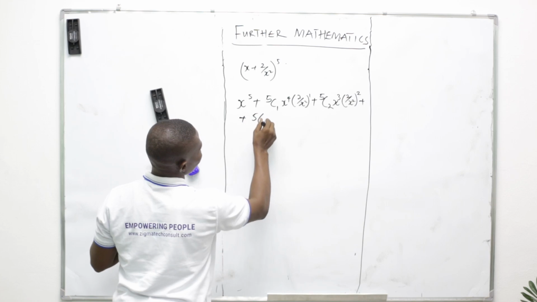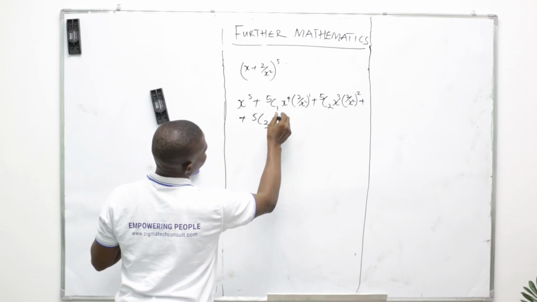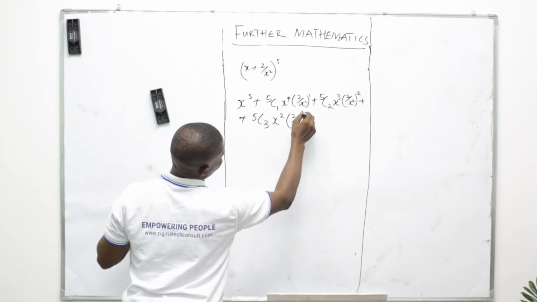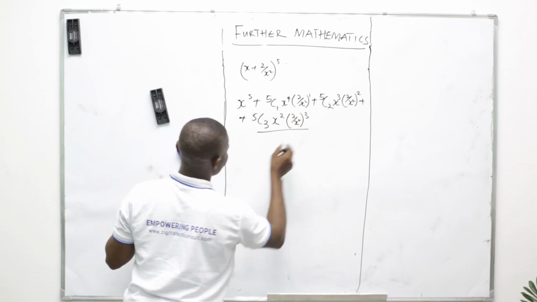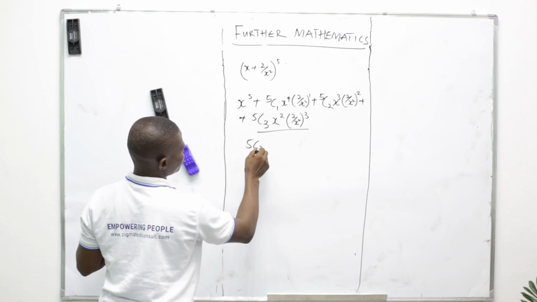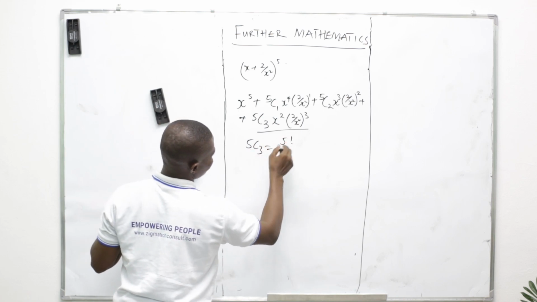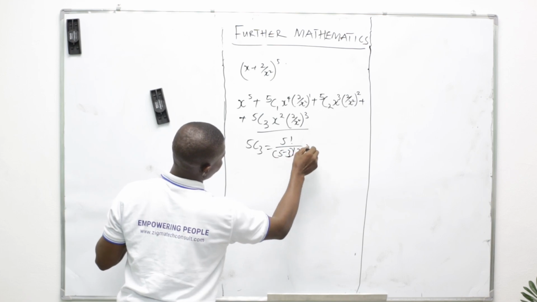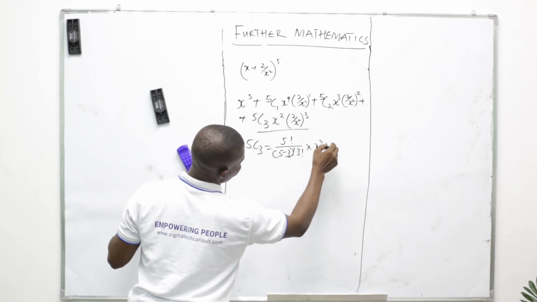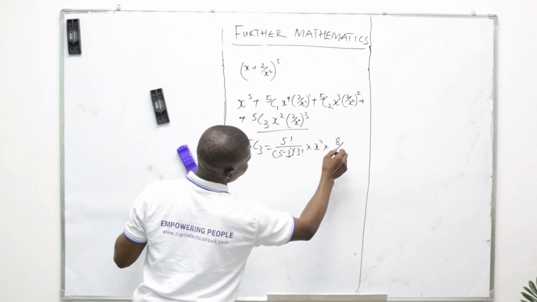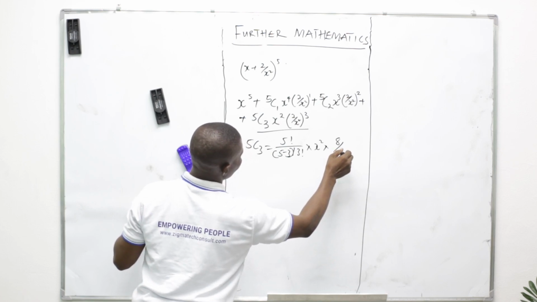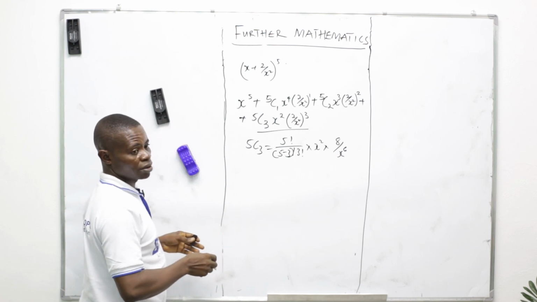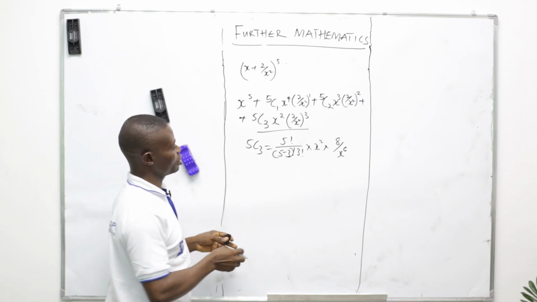Plus 5 combination 3 x squared into 2 cubed all over x squared raised to power 3. This is where we need. So 5 combination 3 equals 5 factorial all over 5 minus 3 factorial, 3 factorial, times x squared times 8 all over x raised to power 6.